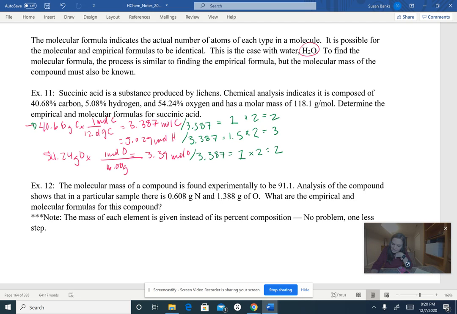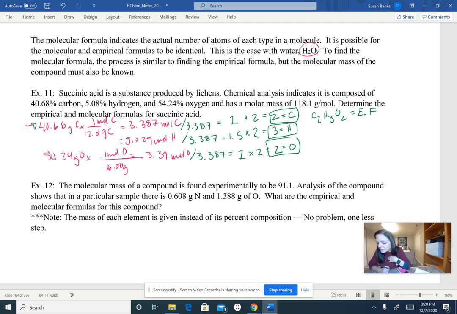So my simplest whole number ratio is 2 carbons, 3 hydrogens, and 2 oxygens. When I write this formula, I have C2H3O2.